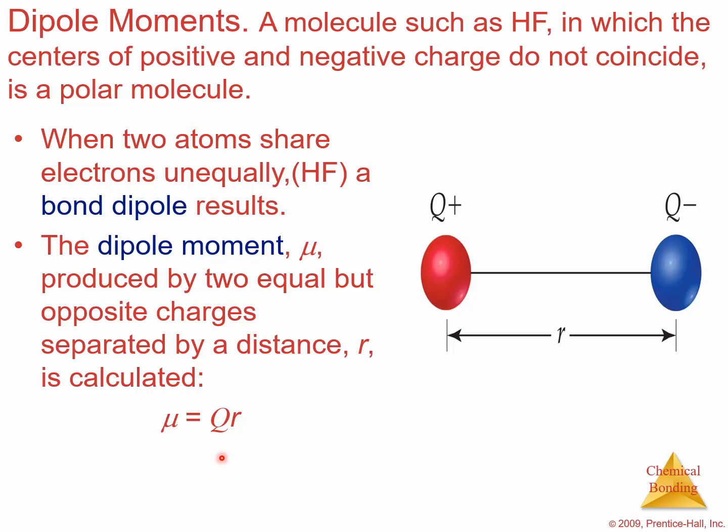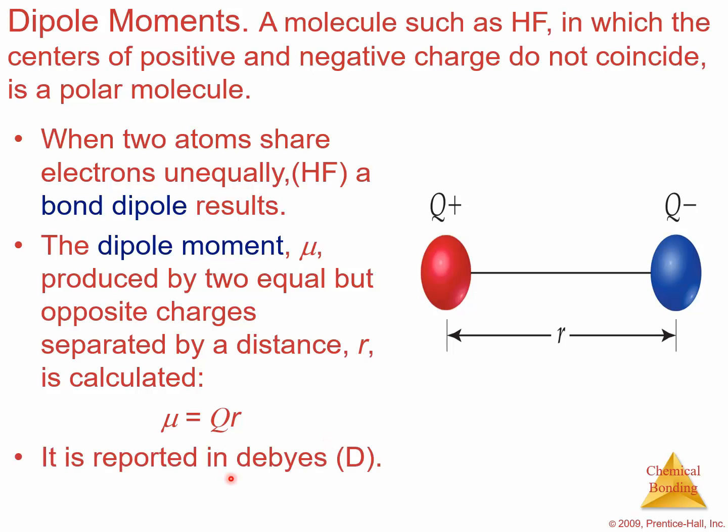This expression tells us that the dipole moment increases as the magnitude of q increases and as r increases. For a nonpolar molecule such as F2, the dipole moment is 0 because there is no charge separation.